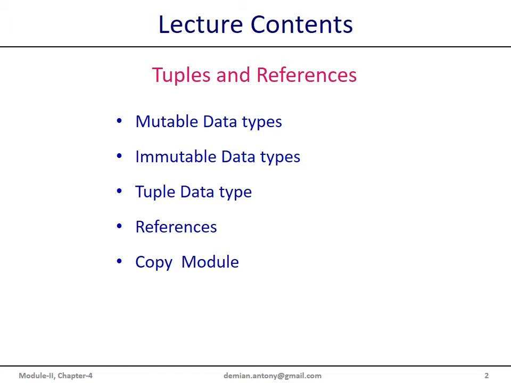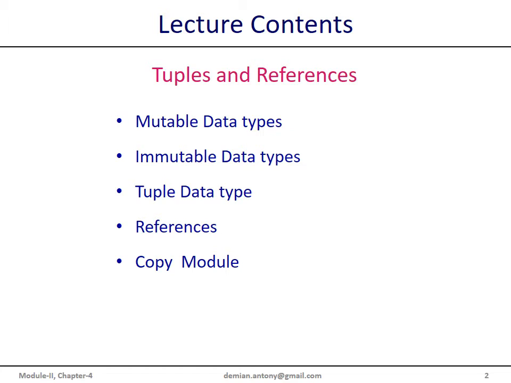In the last video, we worked on list operations and methods. In this video, let us talk about the similarities and the differences between string data type and the list data type. Also, let us learn to use a special data type called a tuple, which is very similar to a list.